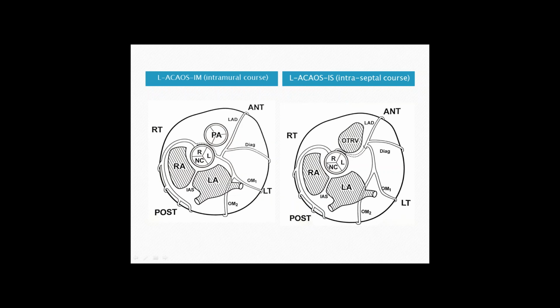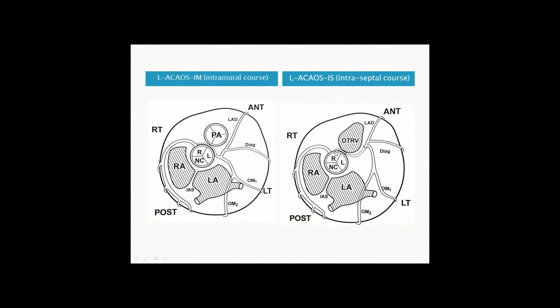Now we're talking about patients with this kind of anomaly, and not the one that we described until now, a left anomalous coronary artery, where the coronary artery comes from the right sinus of Valsalva, goes intramurally and is stenotic at this level. In this case, this is called intraseptal course.